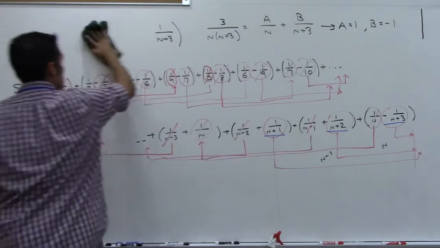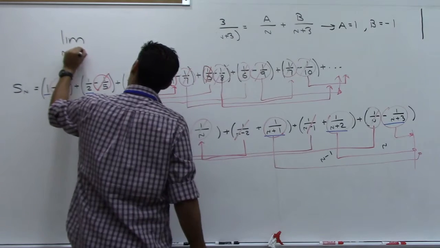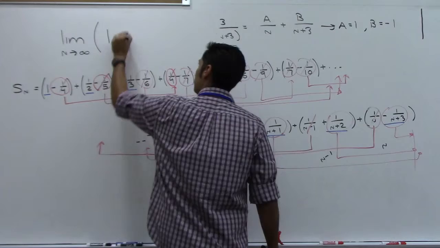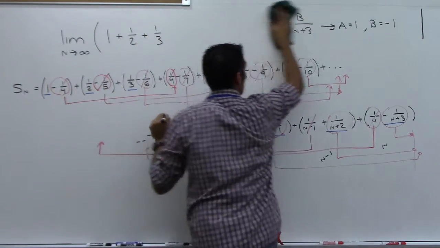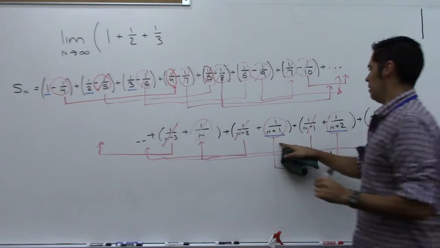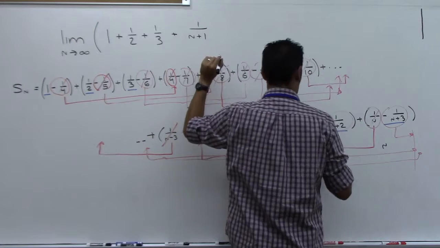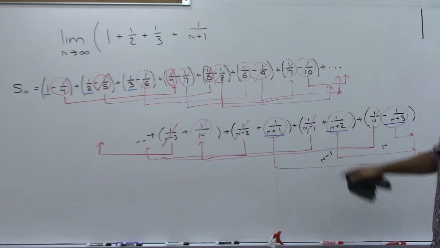So now what I'm going to do is take the limit of this nth partial sum, which is 1 plus 1/2 plus 1/3, and then all this other stuff down here, plus 1 over n plus 1, plus, well, you know what? Did I forget to put minuses in there?